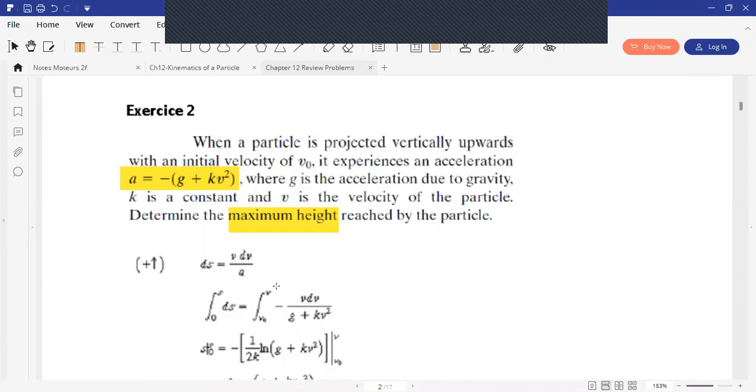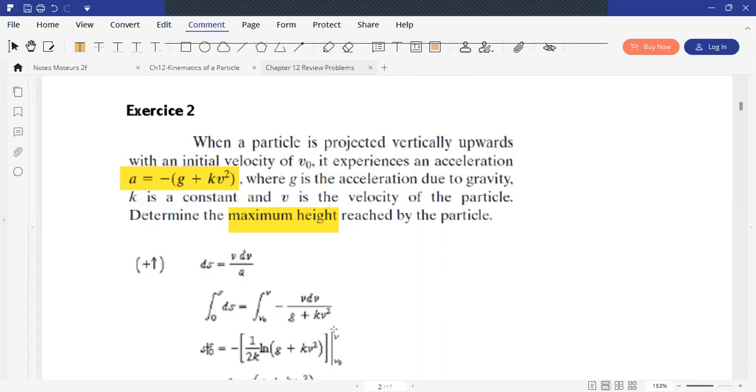Here the integration is not complex because if I call this function u, the u prime will be plus 2kv. And already I have v here. So all I have to do is to add the constant. So I multiply by 2k and divide by 2k. So I can integrate in a simple way. And don't worry about integrations.